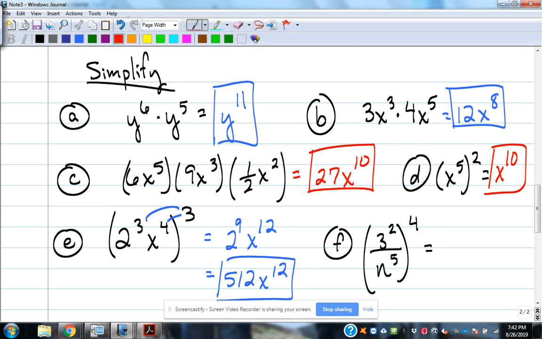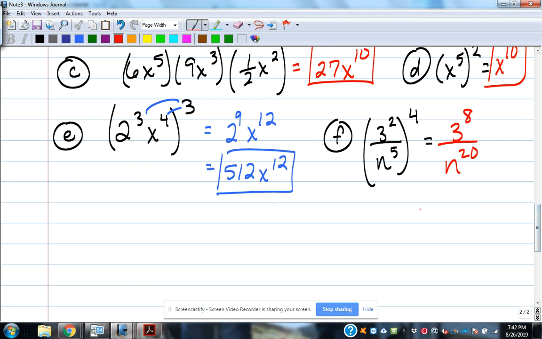The top part in exponent form would be 3 to the what? 8th. On the bottom, we got n to the 20th. Okay. I would need a calculator to work out 3 to the 8th, and I would have had to have one to work out 9 to the 4th as well. So I'm just going to use the exponent rule there to help me.